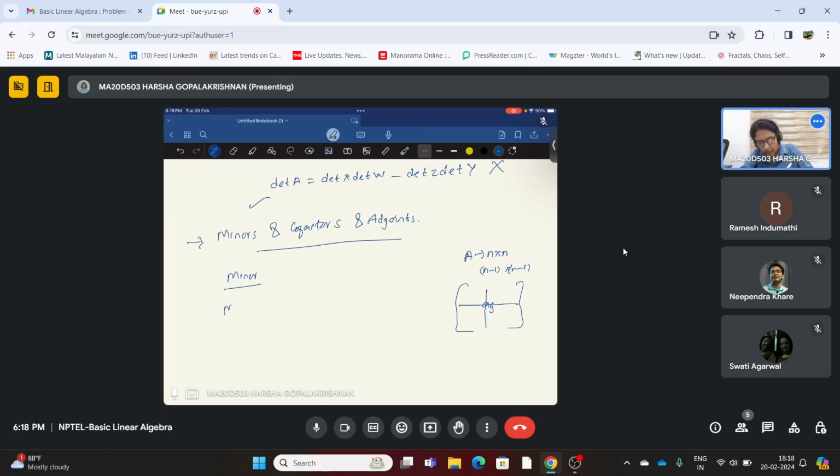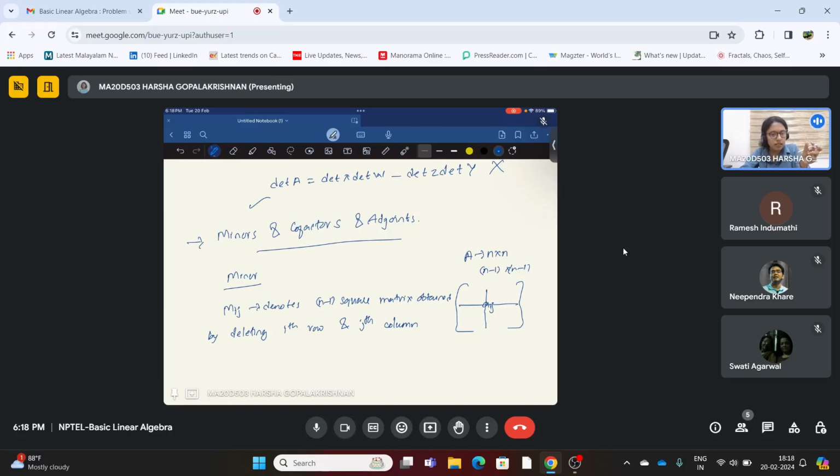So Mij denotes the n minus 1 square matrix obtained by deleting the ith row and jth column.